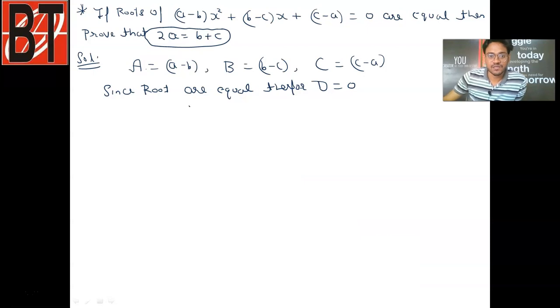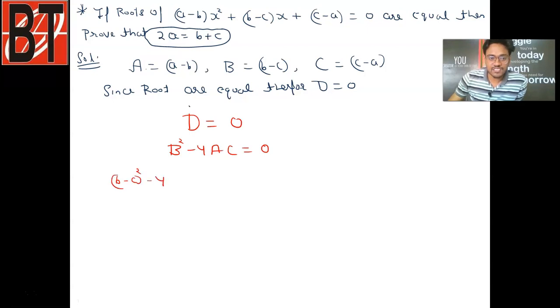See, discriminant D is equal to 0. So let's just write the value of discriminant, B square minus 4AC is equal to 0. Now what is the value of B? The value of capital B is b minus c whole square minus 4. The value of A is a minus b, and the value of C is c minus a, is equal to 0.